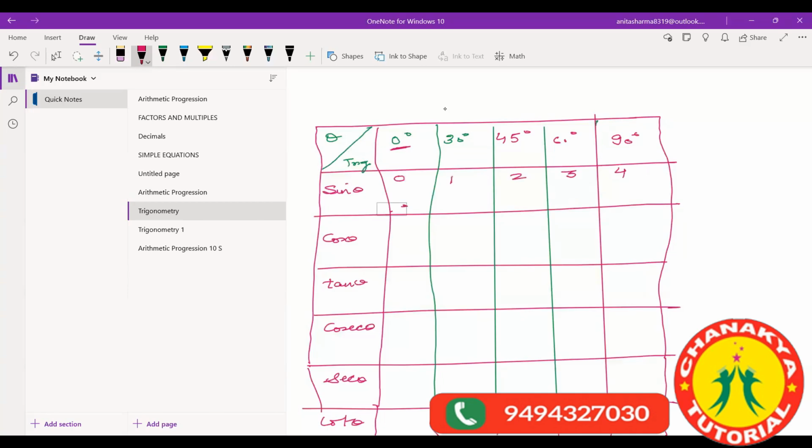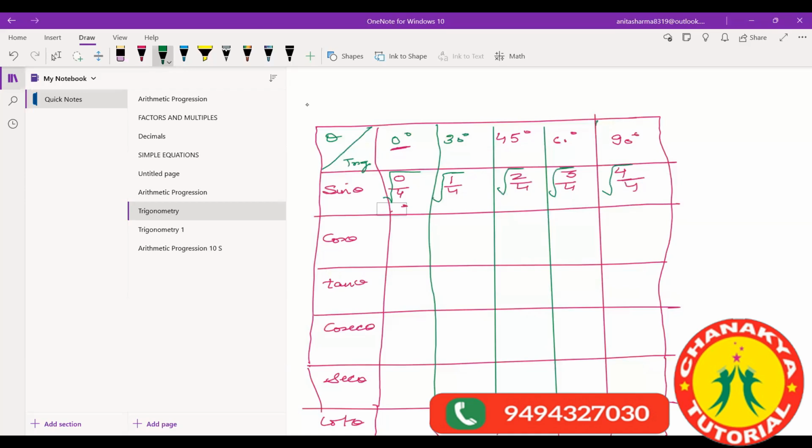Now our counting ends with 4, so you will divide all the numbers by 4. Next step, you will take the square root. Right, children?